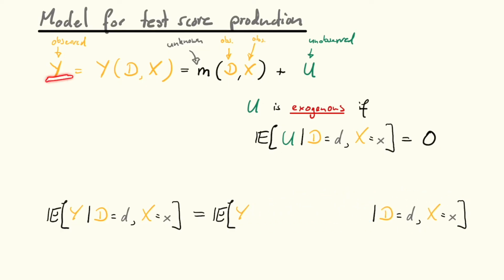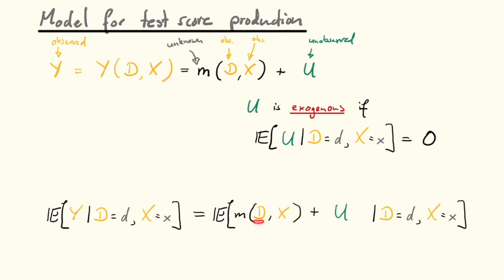Instead of y, I will put the right hand side, and these are equal by these equalities. Now note that in this subpopulation, every class has this class size and this PD index.